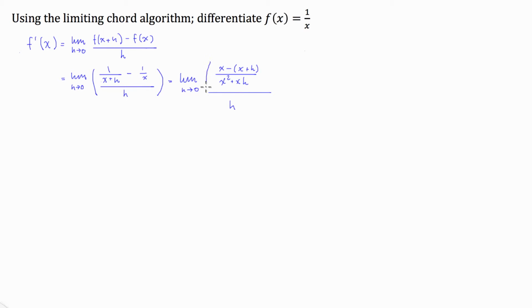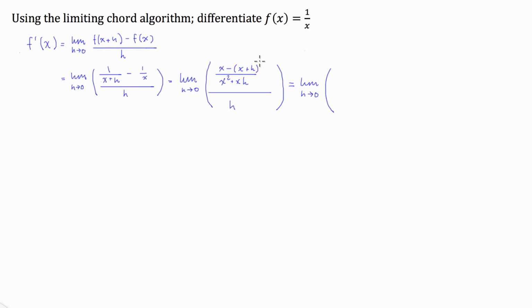Cool. So now what we've got to do is move this basically into one fraction. So we're going to recognize that division is just multiplication by the reciprocal. So we're going to have the limit as h approaches 0 of, keep that bracket there, we'll combine our like terms up here. So we have x minus x plus h.